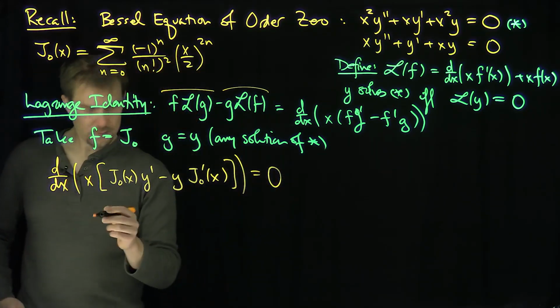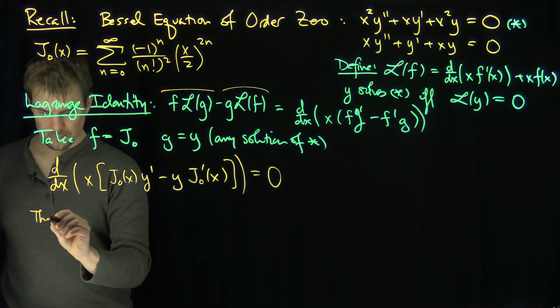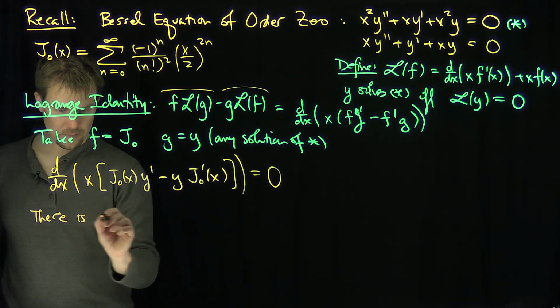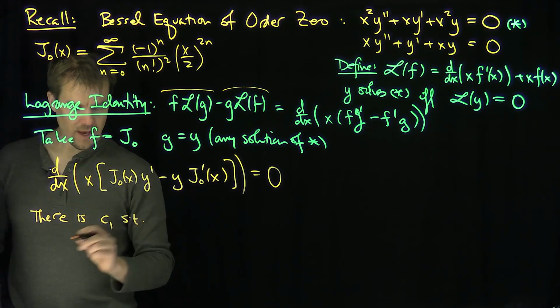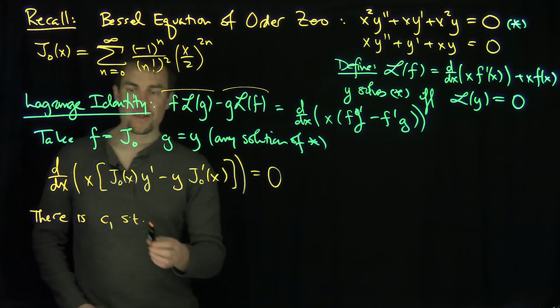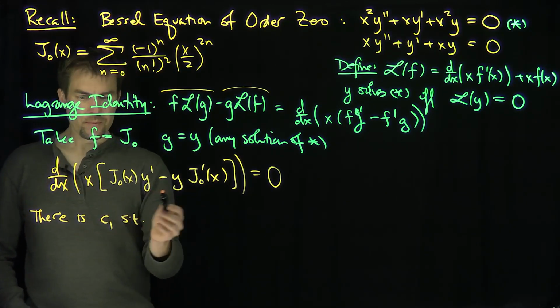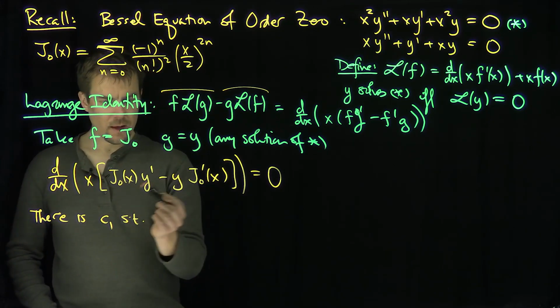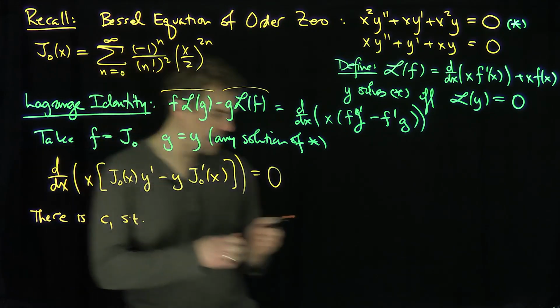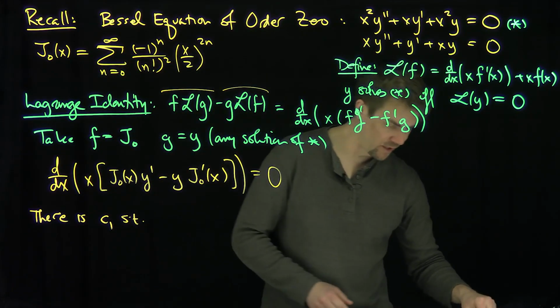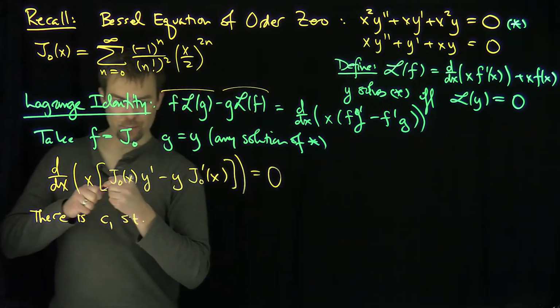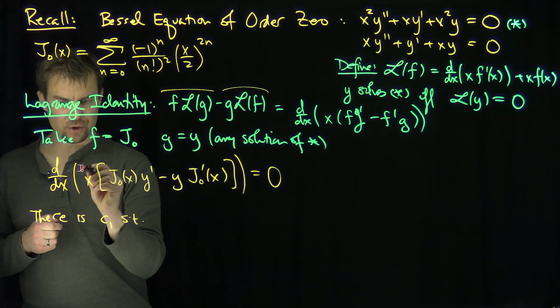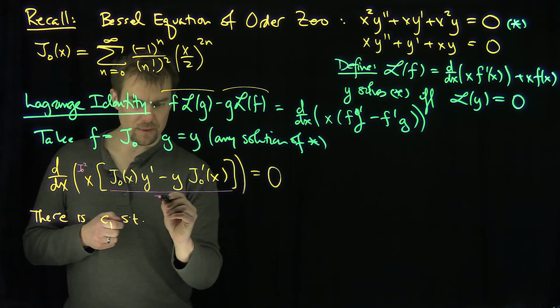So in other words, there is a constant c1 such that, well, what is this thing really? This looks like a difference quotient to me, so we can artificially put in a factor: I'm going to multiply everything by J0 squared and divide everything by J0 squared.